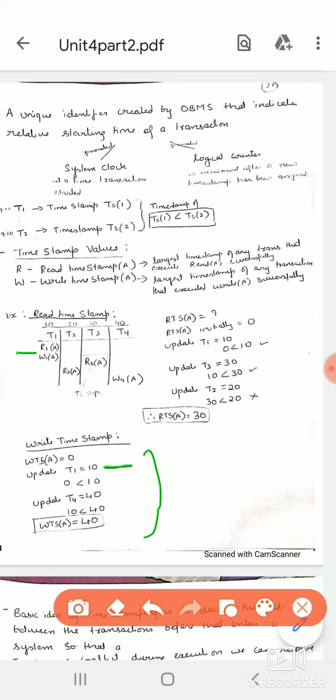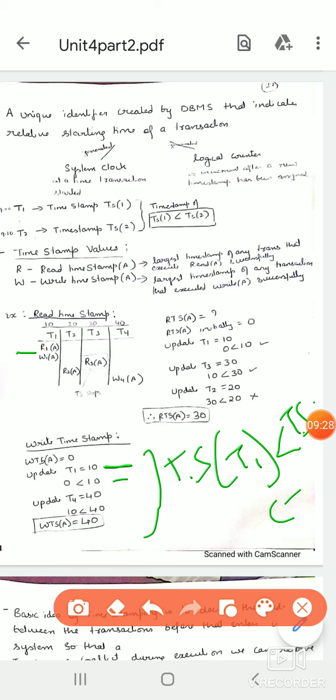As the initial write timestamp is 0, you compare 0 with 10, that is timestamp of Ti with the timestamp of Tj. This formula you apply. Yes, this is satisfying, so we'll consider this update.